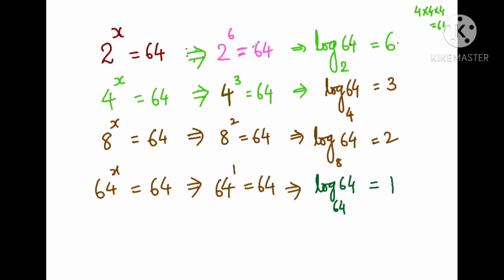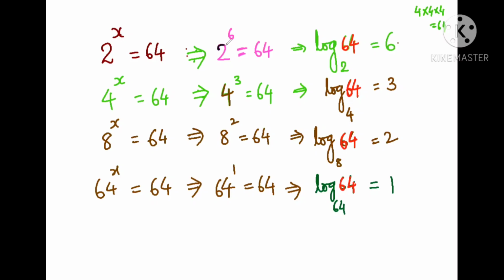So if we observe all these examples, the number is the same, 64 each time, but the answers, the logarithms, are different. Why? Because different bases have been selected.